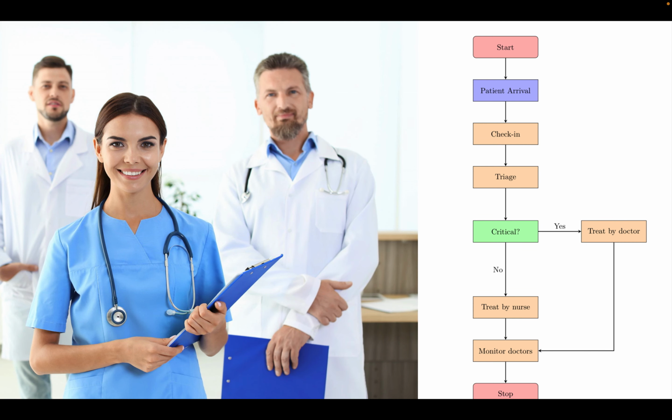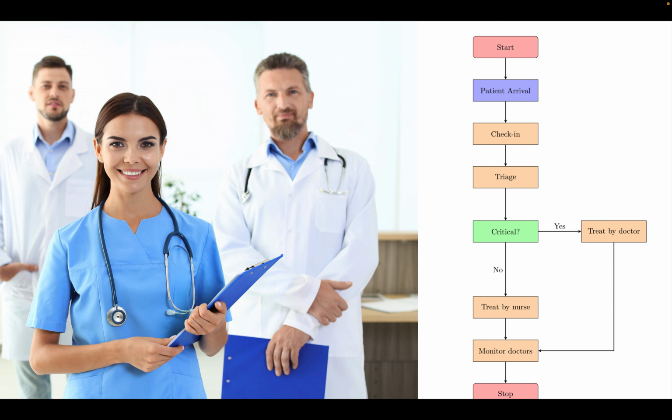The flowchart, as you can see here, shows the simulation models the patient arrival and treatment process in a healthcare system. Patients arrive at a specific time or specific rate and go through check-in and triage. If a patient is critical, they see a doctor for treatment. Otherwise, they see a nurse.